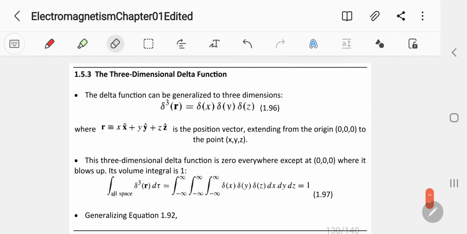So for the three-dimensional delta function, you just multiply the three delta functions of x, y, and z, and the integral over all space will just be equal to 1.